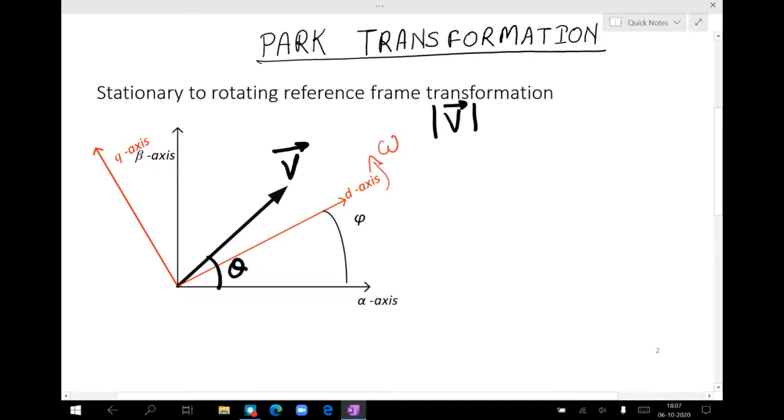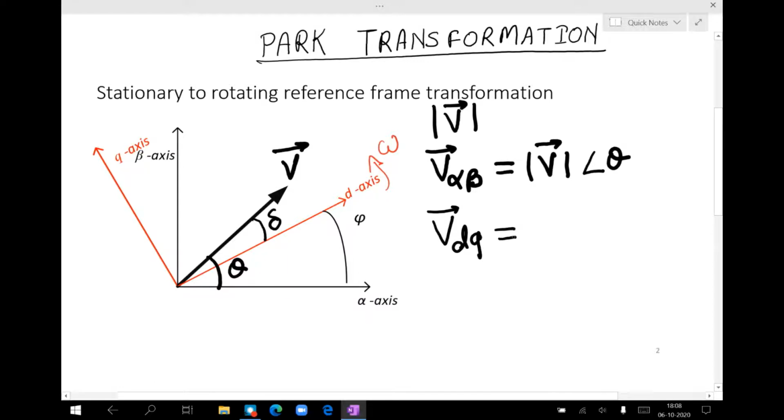So the phasor in alpha beta reference frame is nothing but magnitude V angle theta. Similarly, we can assume the angle of this phasor in DQ reference frame to be delta. So the phasor in DQ reference frame can be represented by magnitude V angle delta.